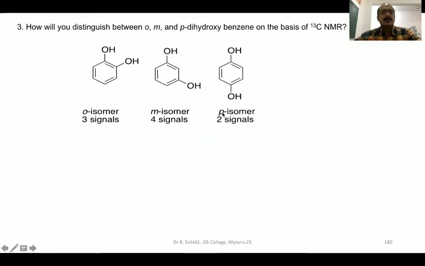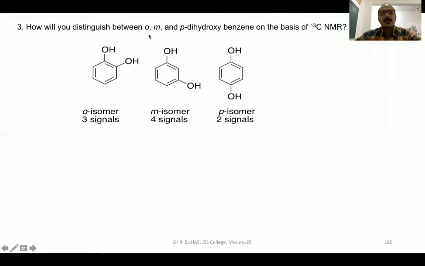So the third question: how will you distinguish between ortho, meta, and para dihydroxybenzene on the basis of their C13 NMR spectrum? This we have discussed in the previous module also, and they have given the same question. Here this is dihydroxybenzene. You know that dihydroxybenzene exists as 3 isomers: ortho isomer, meta isomer, and para isomer.